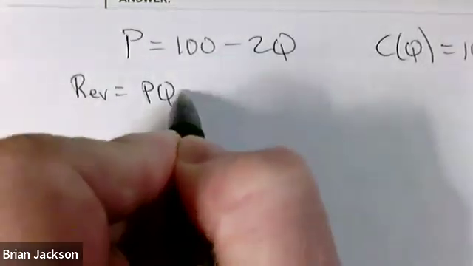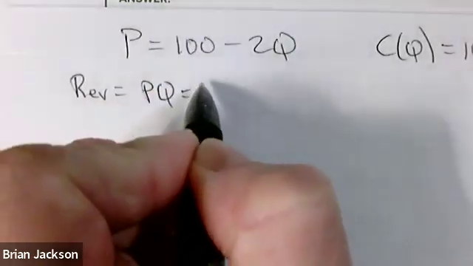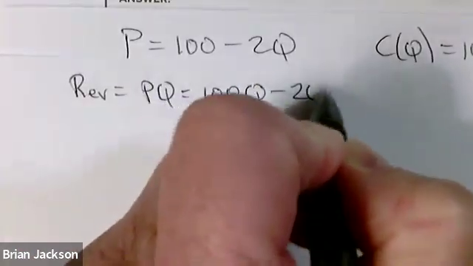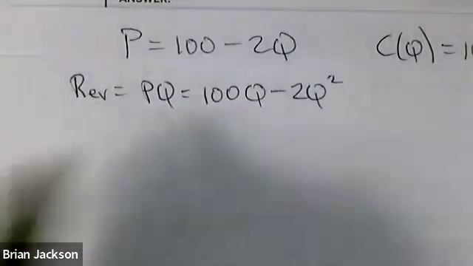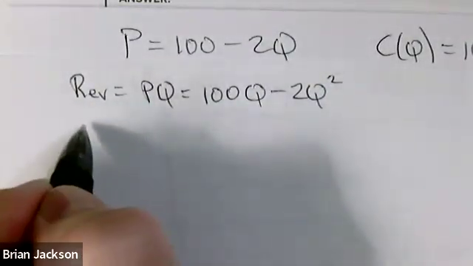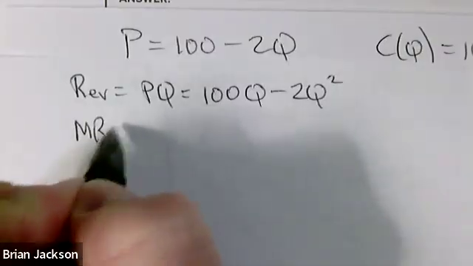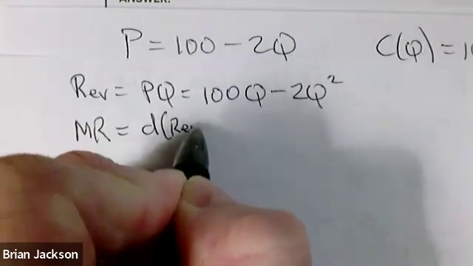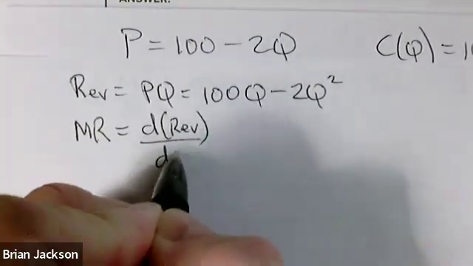Price times quantity is revenue. So if I multiply through by Q, I get the revenue function. So this is 100Q minus 2Q squared. Okay, so this times Q and this times Q. There's the revenue. And if that's the case, the marginal revenue is the derivative of the revenue function with respect to Q.